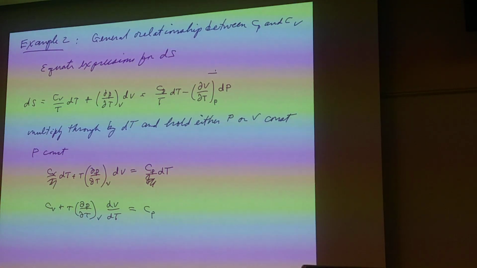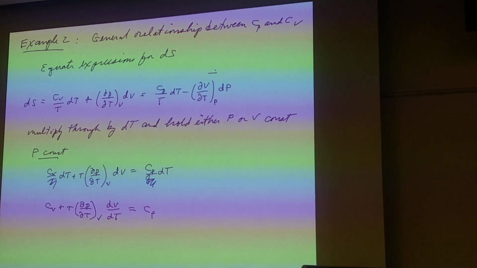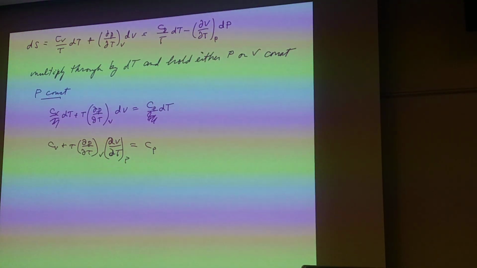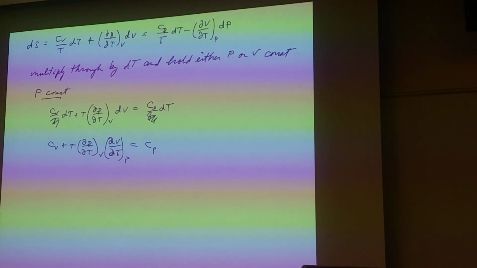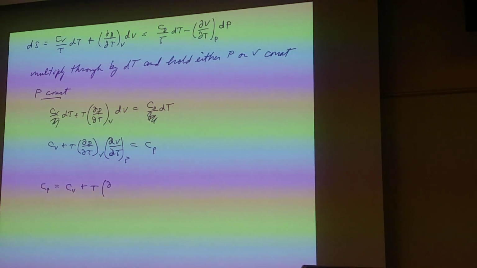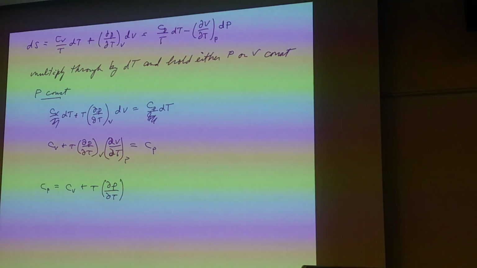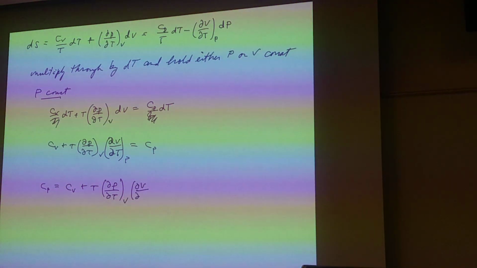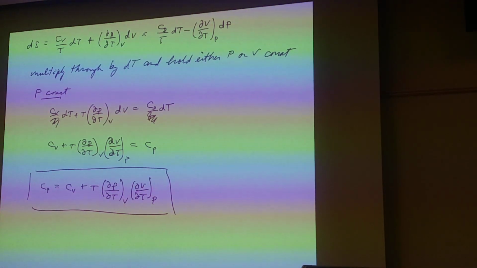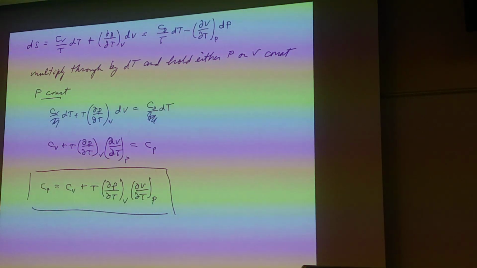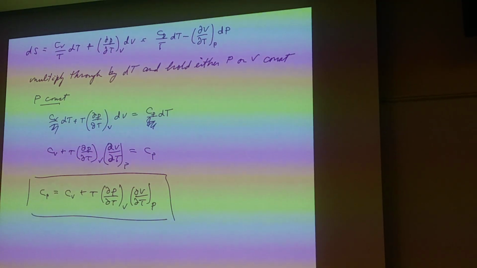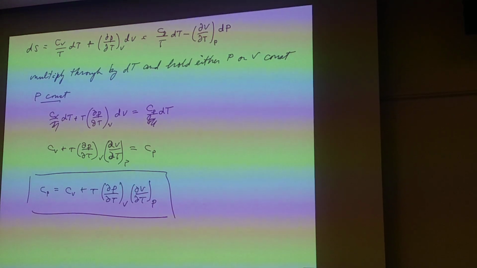But I'm deciding to hold P constant, so that means this is the partial derivative at constant P. So let me rewrite the result here then. I get Cp is equal to Cv plus T times partial P with respect to T at constant V times partial V with respect to T at constant P. And this is the important general result. And there are no assumptions there at all. That is always what the case is going to be. So if I have knowledge of the PVT equation of state, then I can derive this term.